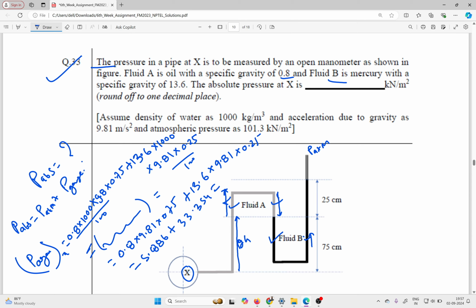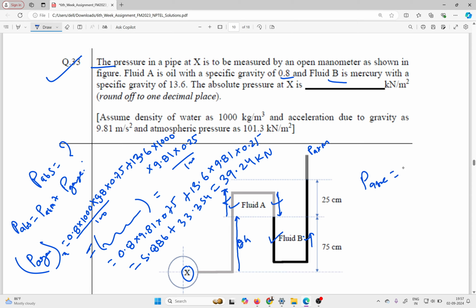When you add 5.886, you will get 39.24 kilonewton. But you need to calculate P absolute.